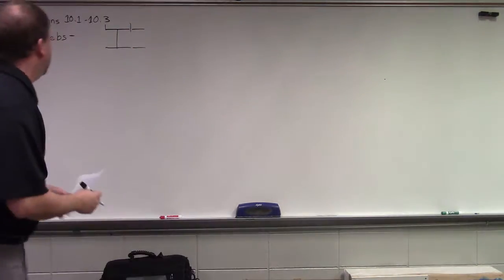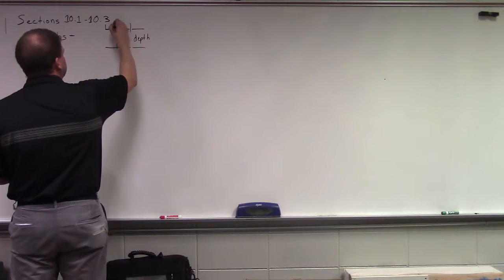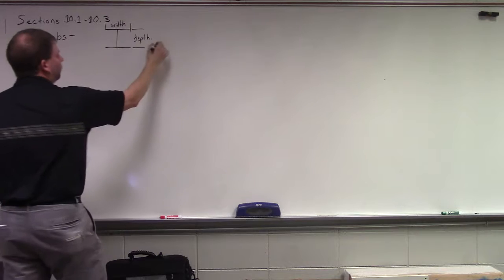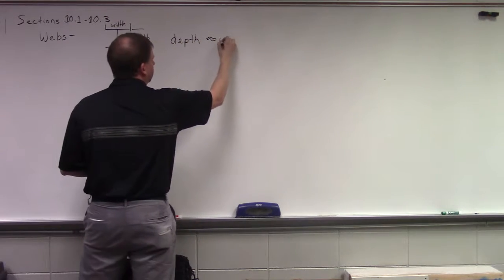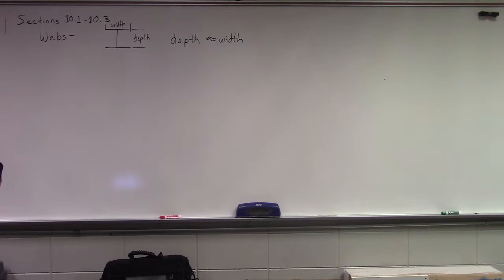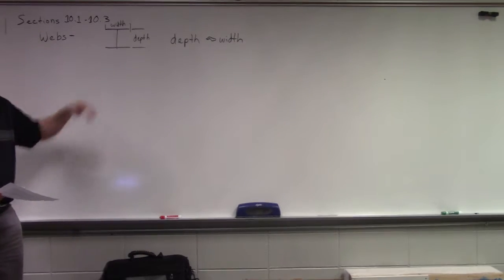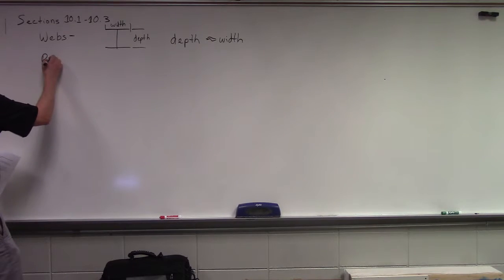So we want our depth and our width to be roughly equal. We don't have to have them be exactly equivalent, but the closer we get to a 1-to-1 ratio, the better off we'll be. Okay? We can also use round pipe.